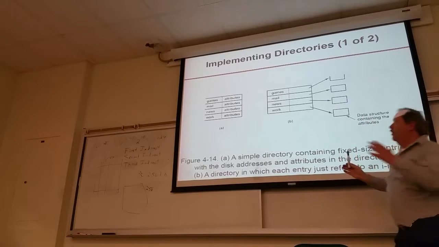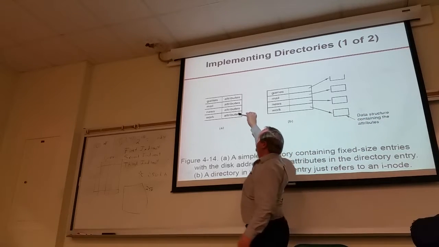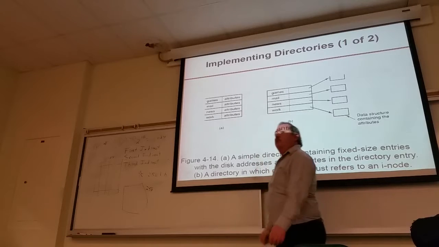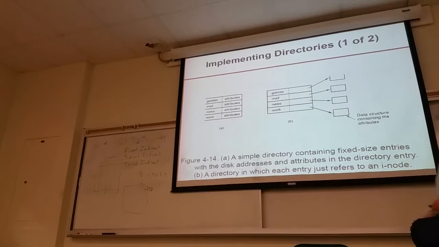So if your attribute information is small enough, you could actually put that in the directory file's record, each record itself. But today most systems just use inodes, and that makes it easier, because then we could get the real needed information instead of limiting it to make it fit inside of the directory node itself.